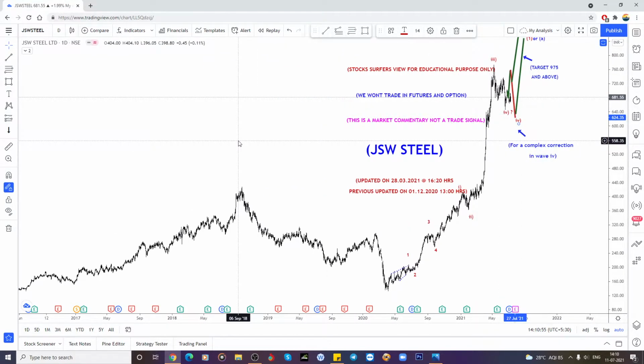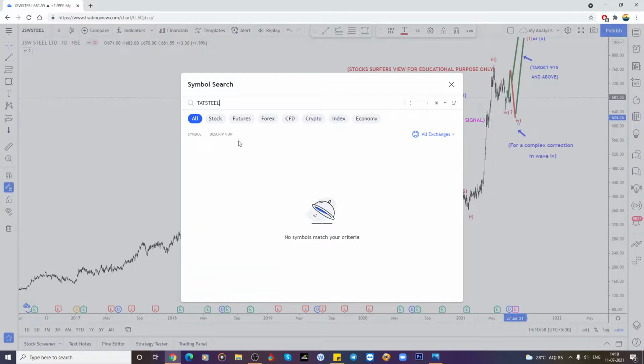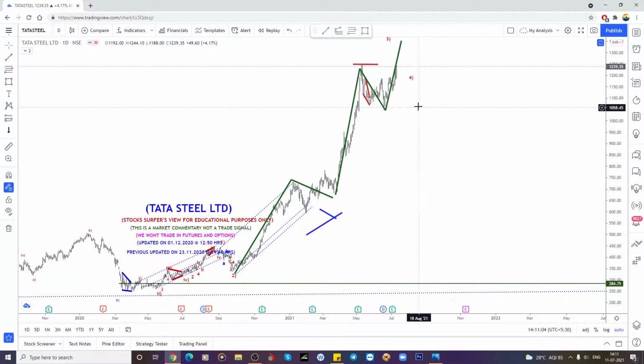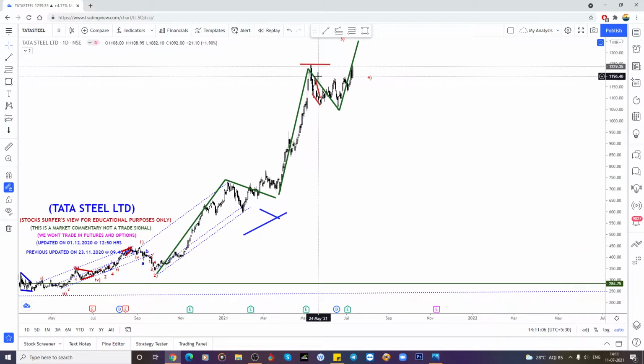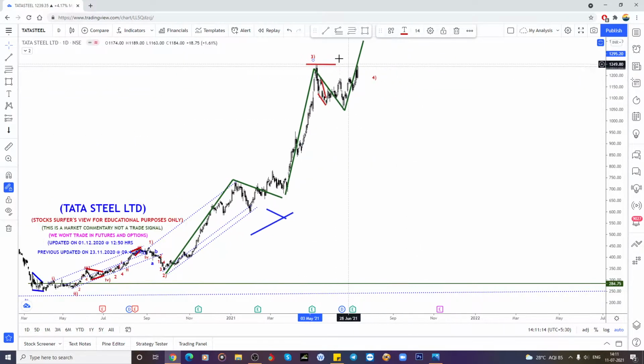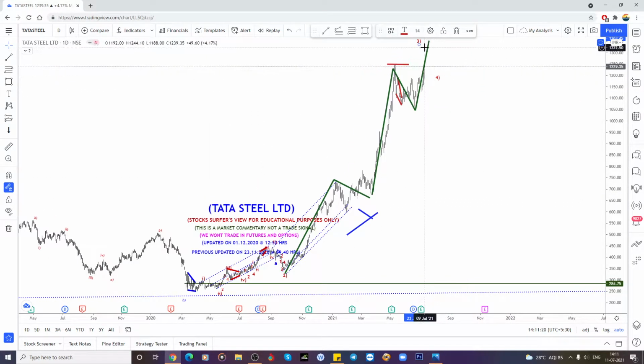And the next is Tata Steel. So that is also exactly what I expected. I did get that bounce from here. Previous week I said the same, A, B and C. So whether this is the end of the third wave, sorry, it's not a third wave. This is the intermediate wave 1, 2, 3 and 4 and 5. So if it completed the third wave here, one more three-wave structure for the fourth wave and fifth wave.